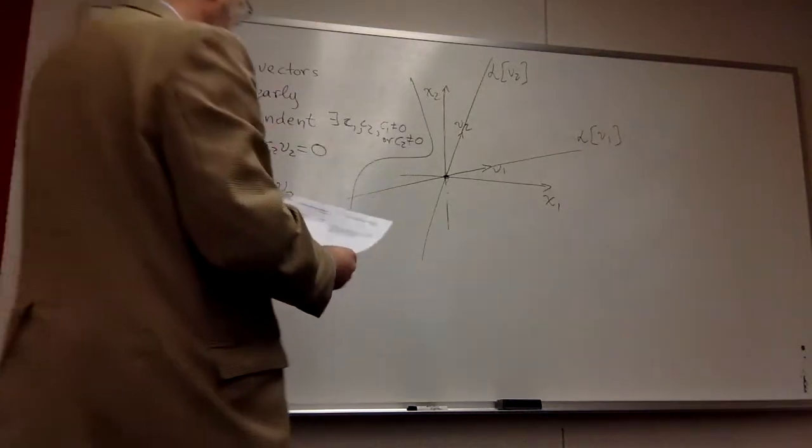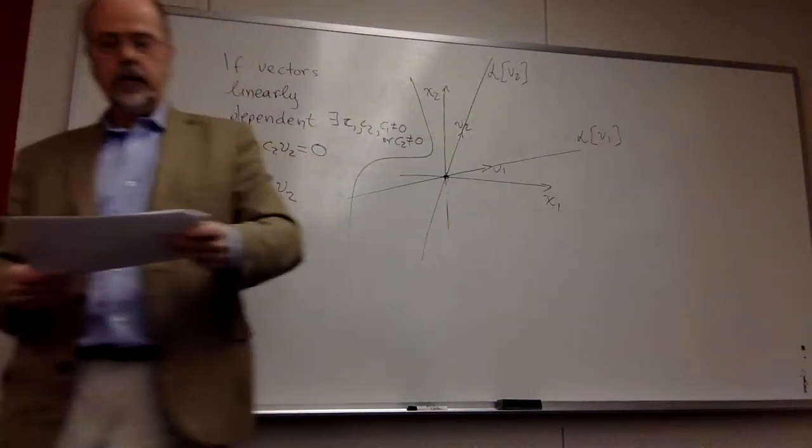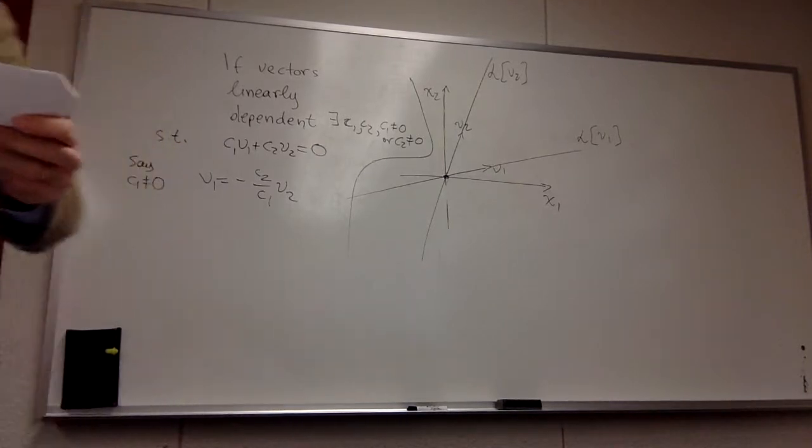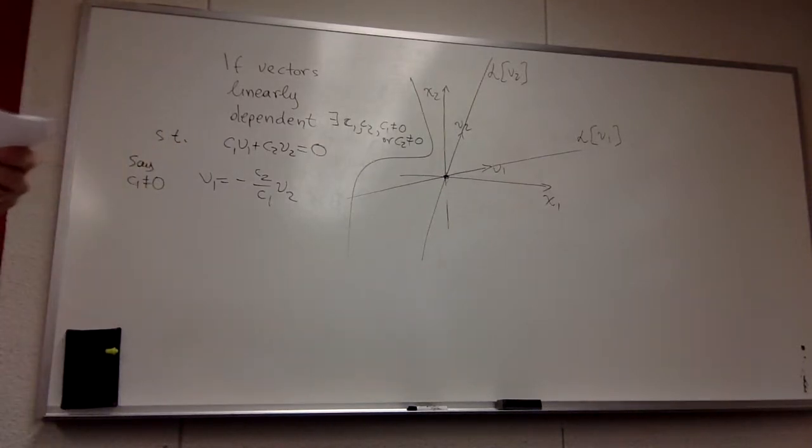Okay, so I have a theorem here. You have a number k of vectors in Rn. Put all those k vectors in one matrix as columns, in the order from 1 to k. So this matrix is going to have n rows and k columns.